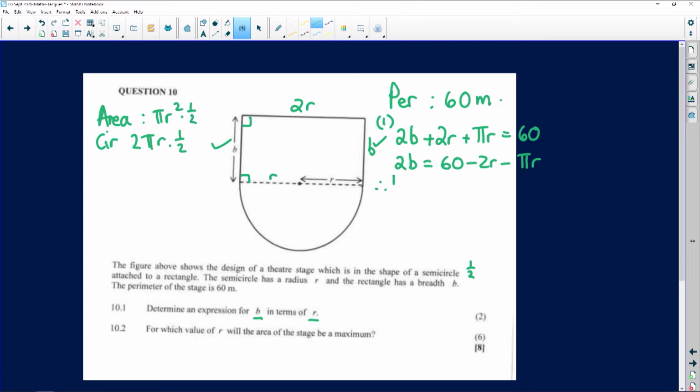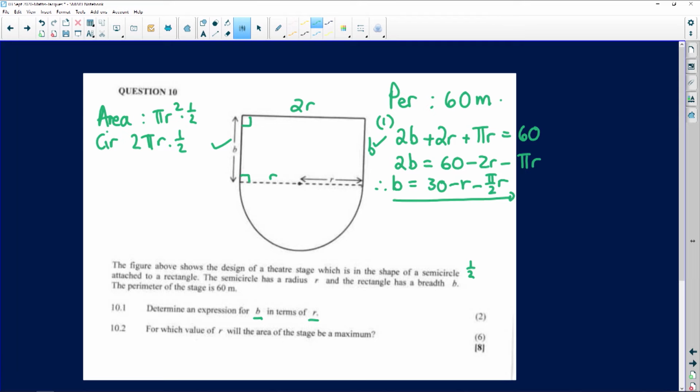So finally, B will equal 30 minus R minus pi over 2 R, which is what remains if I divide that by 2. Okay, so there's the first part of the question done.